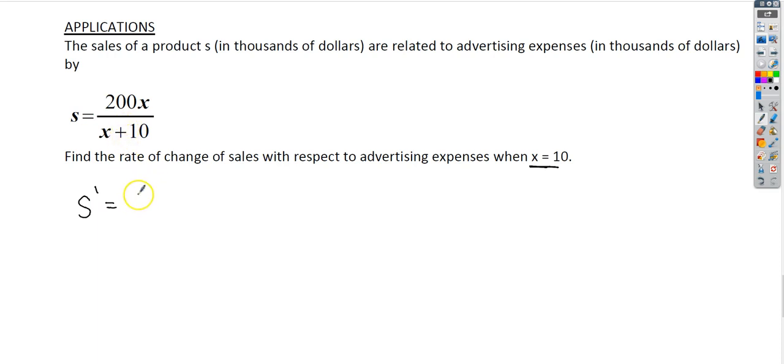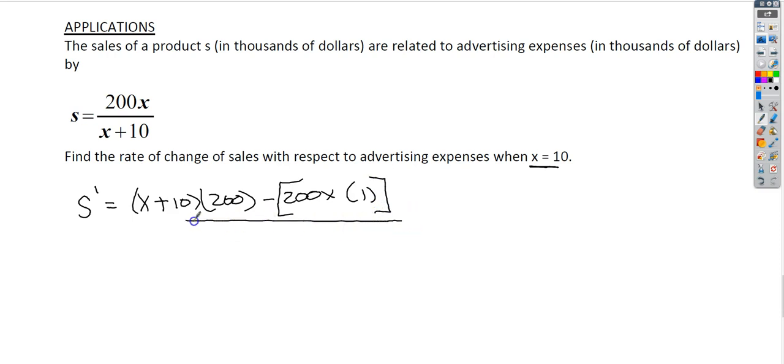So that was the bottom times the derivative of the top minus the top, I'm going to put it in brackets, times the derivative of the bottom over the bottom squared.